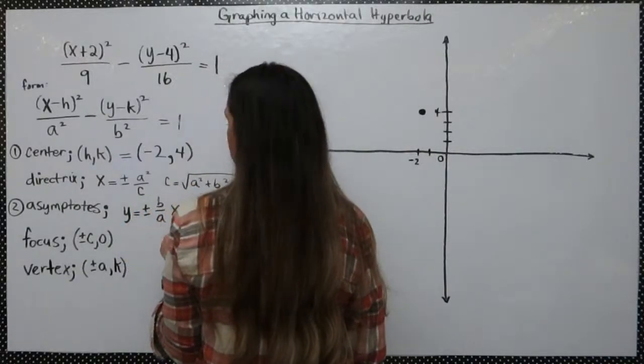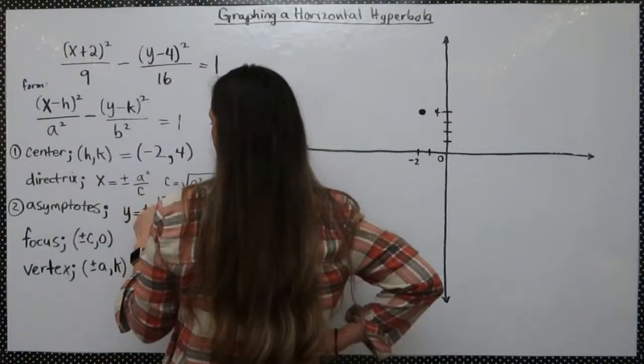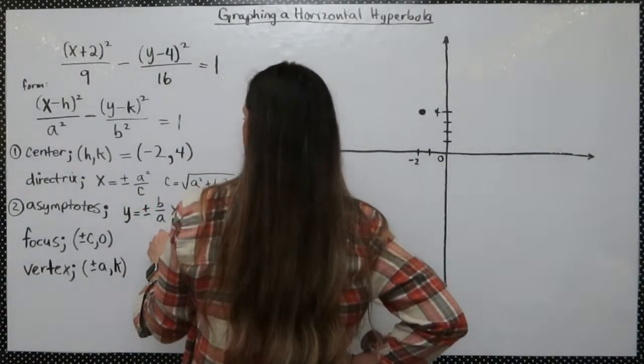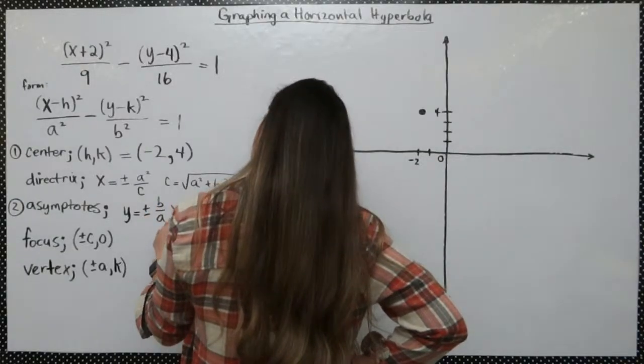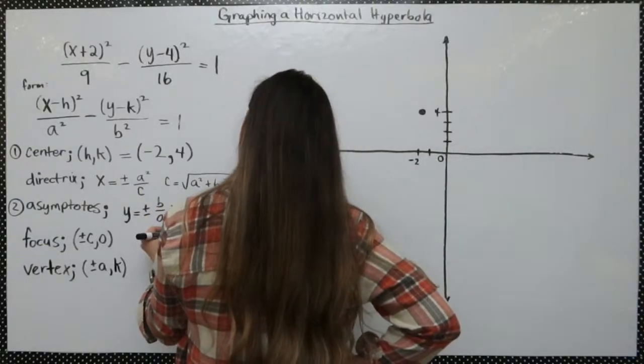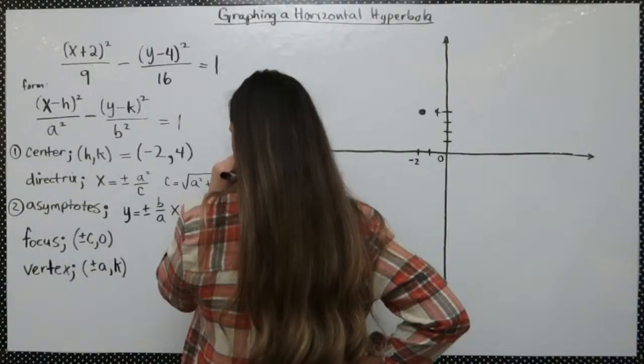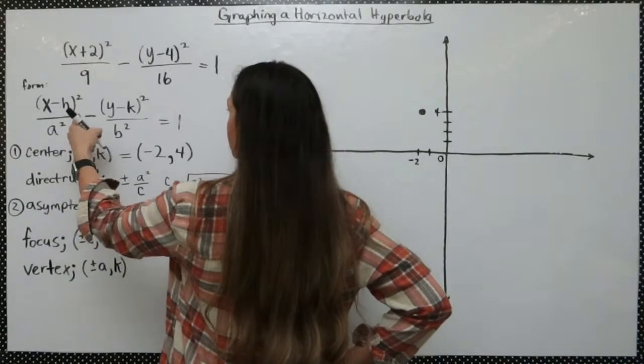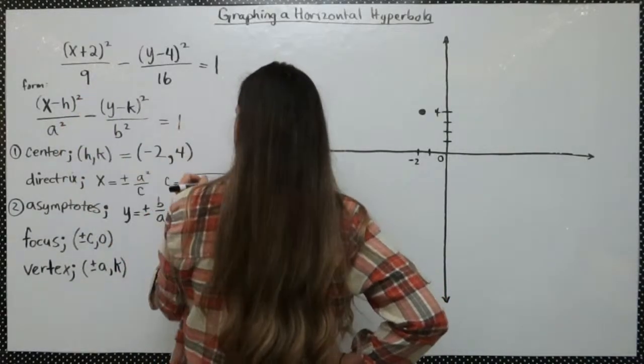And we've got plus or minus b divided by a times x for the equation of the line for our asymptotes. So that we're going to go ahead and calculate. So a squared is 9.